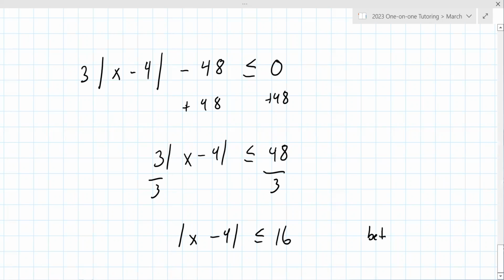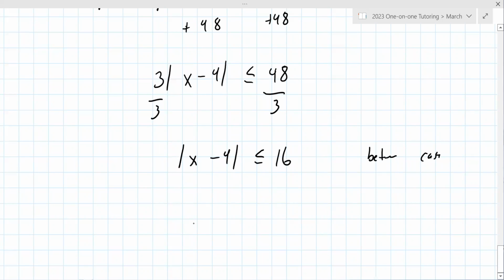This is the between case. So tell me what to write to the right or to the left or both. On the right, write less than or equal to 16. And on the left, write minus 16 less than or equal to.